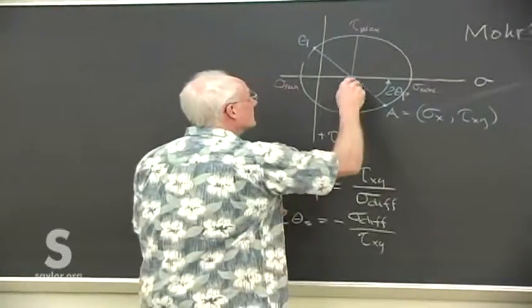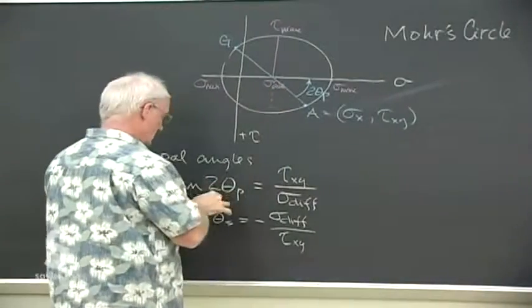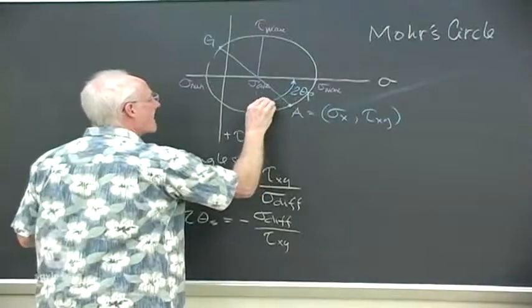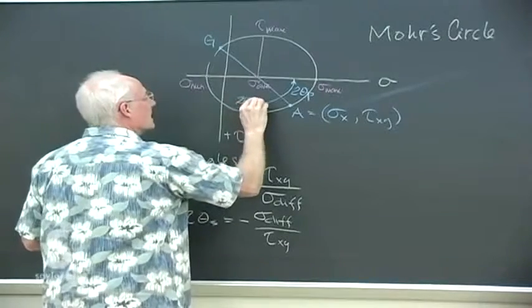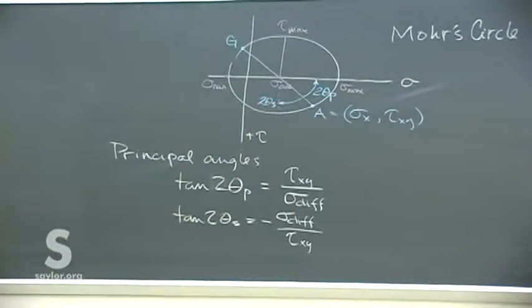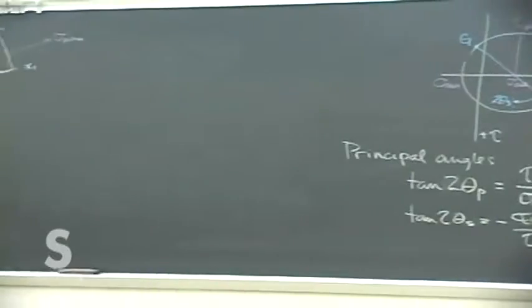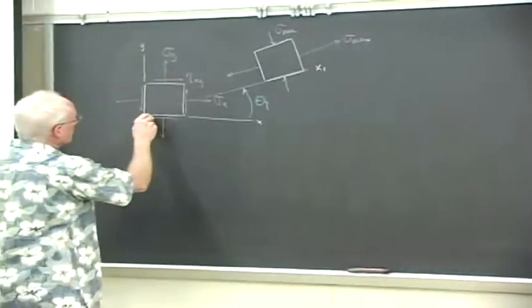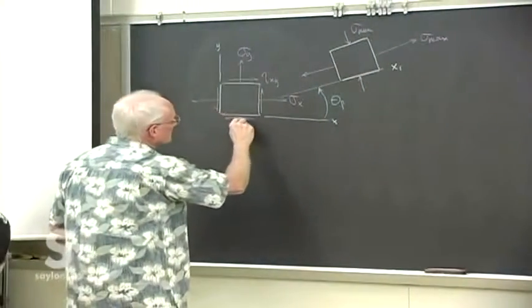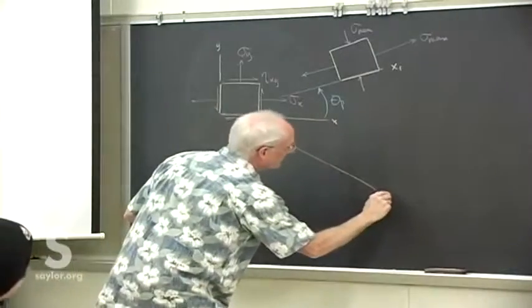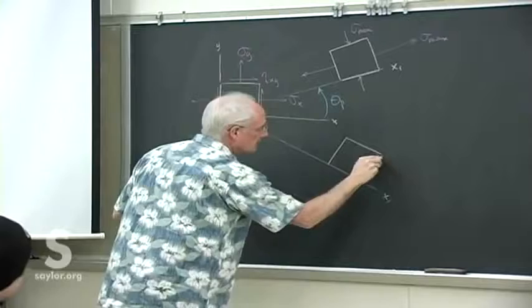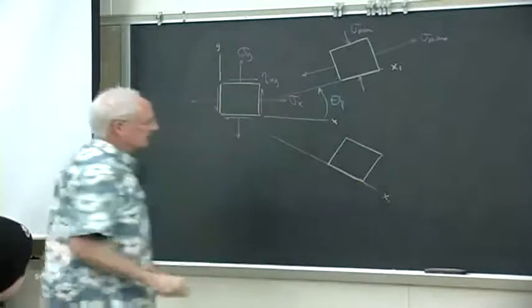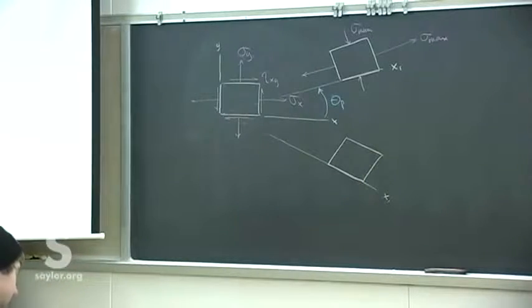And that angle is the opposite direction there, 45 degrees away, so that's 90, that's about 45. And we have another analysis direction. Remember, the loading hasn't changed, we're just looking at it at a different angle.